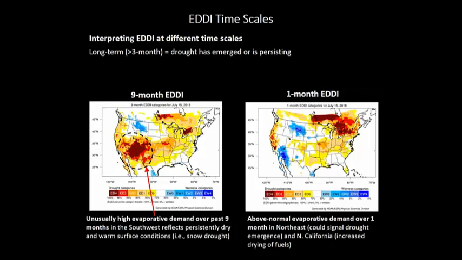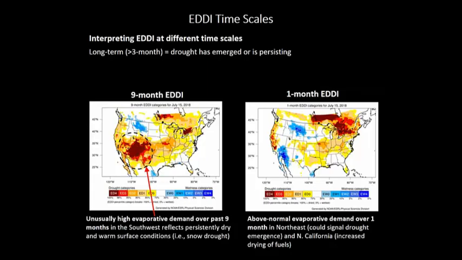This showed unusually high evaporative demand over the past 9 months, and that really reflected the wet season and the snowpack. They had a very dry winter and a low snowpack and a snow drought, and that was all reflected in these longer timescale EDDIs.